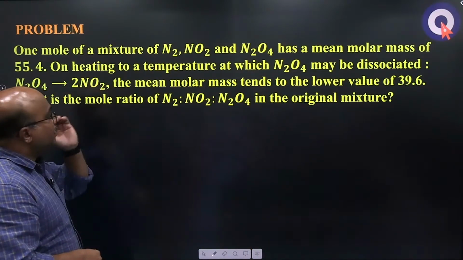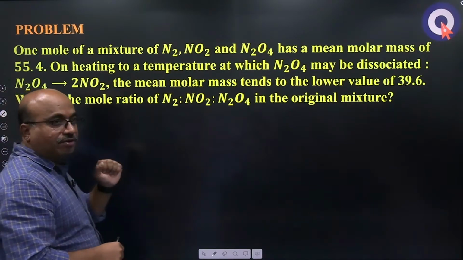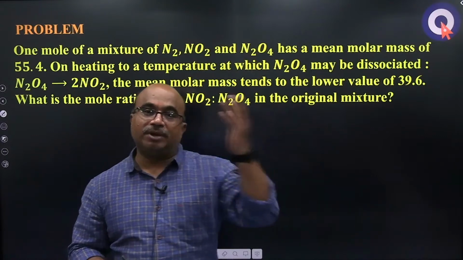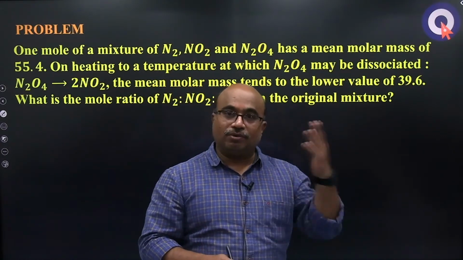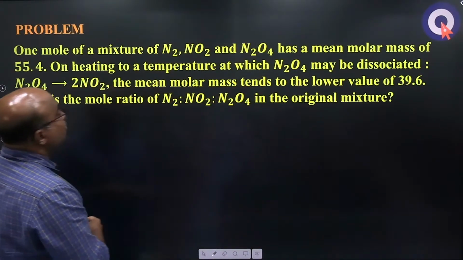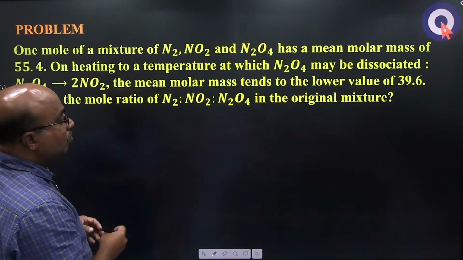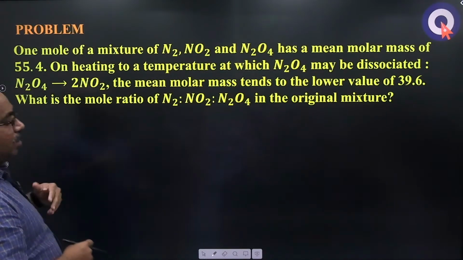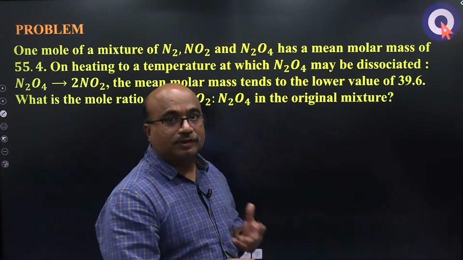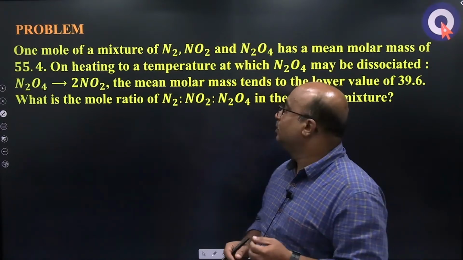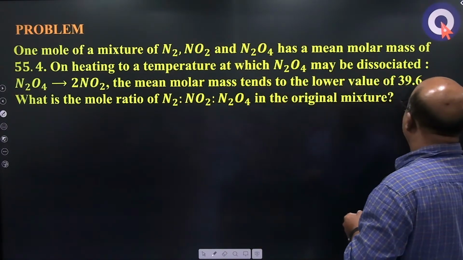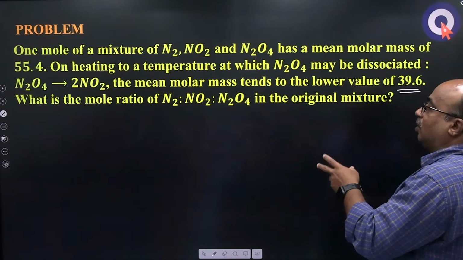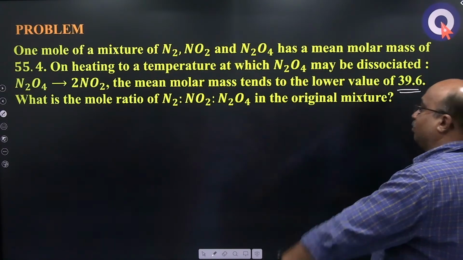The arrow is given, and the degree of dissociation is not mentioned, so assume that it is completely converted from N2O4 to NO2. Then the mean molecular mass lowers to the value of 39.6. What is the mole ratio of N2, NO2 and N2O4?